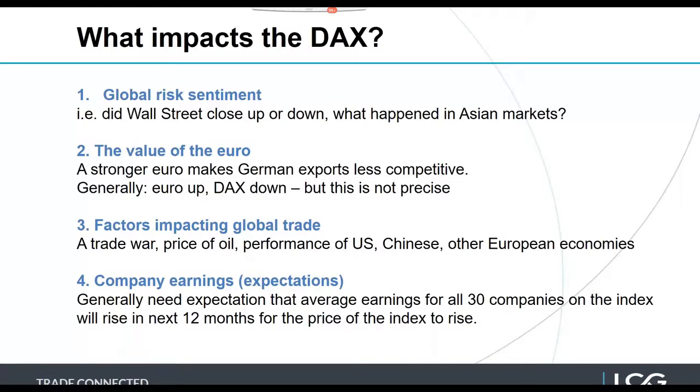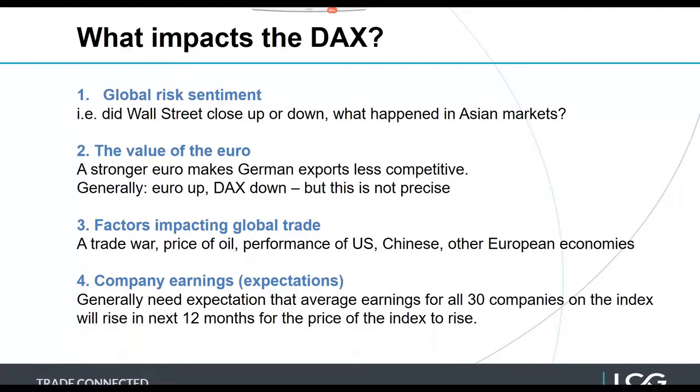So obviously, a strong economy is good for stock prices, particularly for a very international index like the DAX. But for that reason, good to look out for the performance of the US, Chinese and other European economies. They are destinations for these German goods.